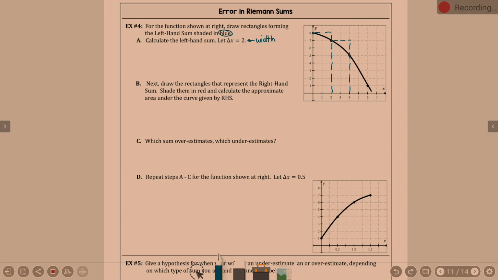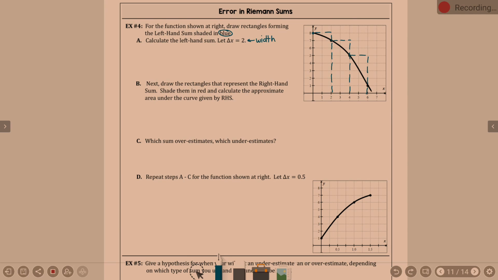Yeah, it is. Okay. And then a left-hand rectangle starting at 4. It's going to start at the point 4, 5. Go over 2 and drop down. And we're stopping there because we don't have enough of the graph to go any farther.